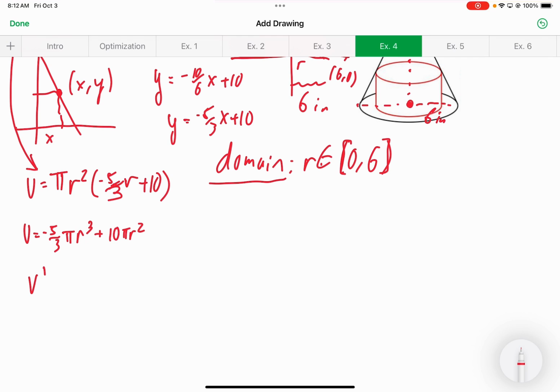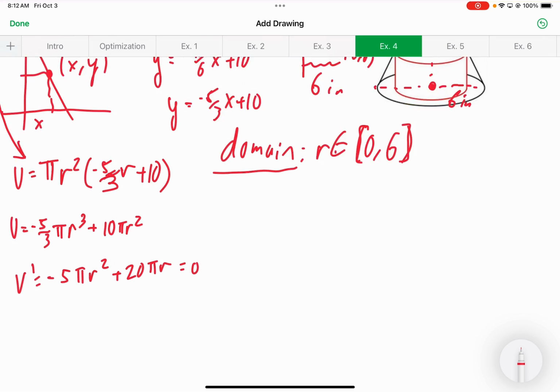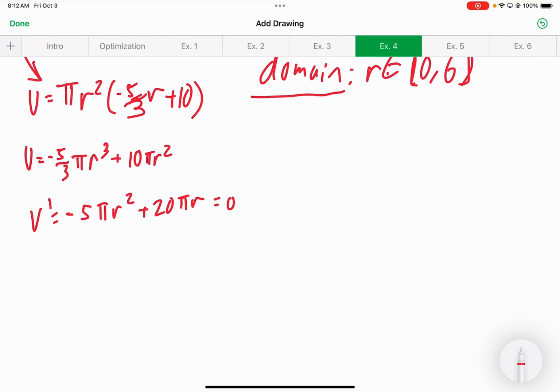All right, so now we're ready to take our derivative, V prime. All right, so negative 5 pi r squared plus 20 pi r. And then we need to set that equal to 0 and see what we get. I would factor, so then you could factor out negative 5 pi r, and you're left with r minus 4.